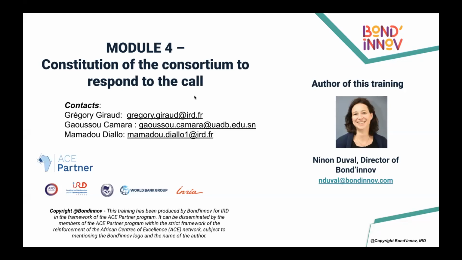For a lead as an institution, this is very important because sometimes there are some criteria defined by the donor about the leader. For example, a donor could say for this call, the leader must be a public university in French-speaking countries. This defines the qualification of the leader as an institution.